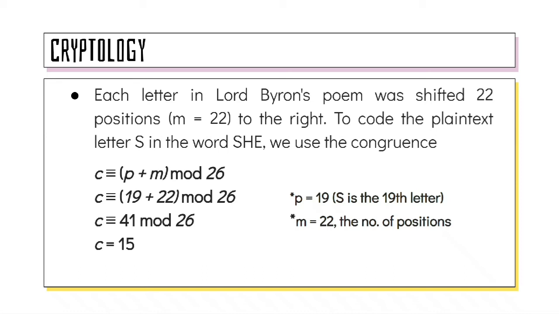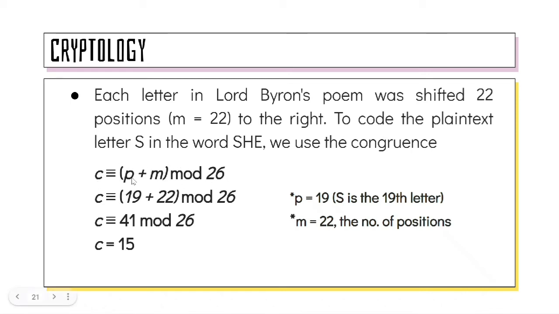The congruence is C congruent to P plus M mod 26, since we will code a plain text message into ciphertext. Okay? So take note, class, that when going from plain text to ciphertext message, this congruence is utilized.